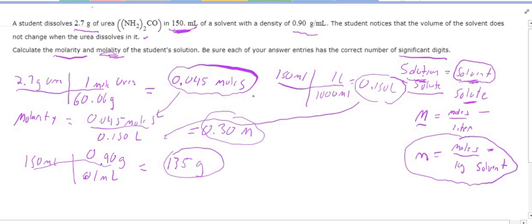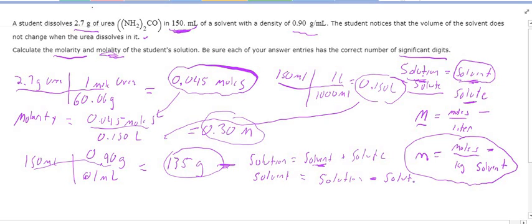Right, but remember that solution equals solvent plus solute. And since I'm trying to find the grams of the solvent, or the kilograms of the solvent, I'm just going to rearrange to say that the solvent equals the mass of the solution, which I calculated right here, minus the solute.